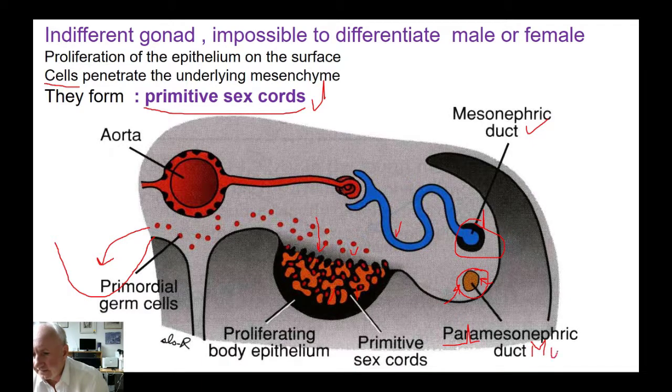In a female the mesonephric part will completely vanish. In a male, if you remember, a few of those tubules will give origin to ductuli efferentes in the head of the epididymis.